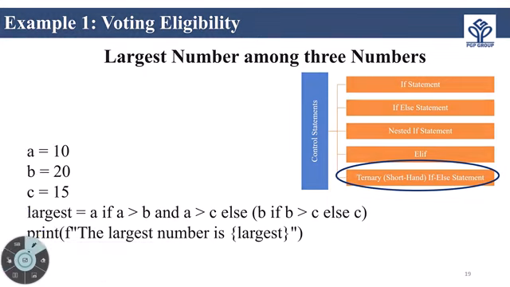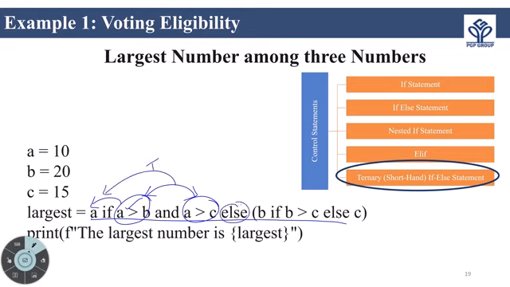We are using the expression, that is the conditions, in a single statement. To check the condition A greater than B, print A. Okay, the condition is checked, this is true, A is printed, otherwise this one is printed. Finally, the largest number is printed, whichever one is largest. Okay, clear?